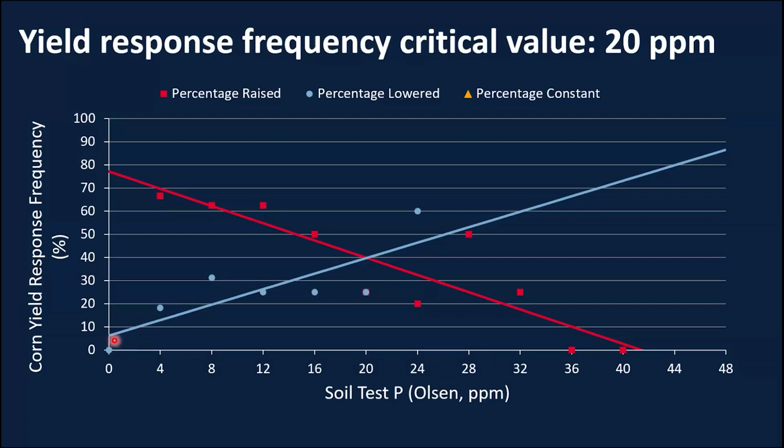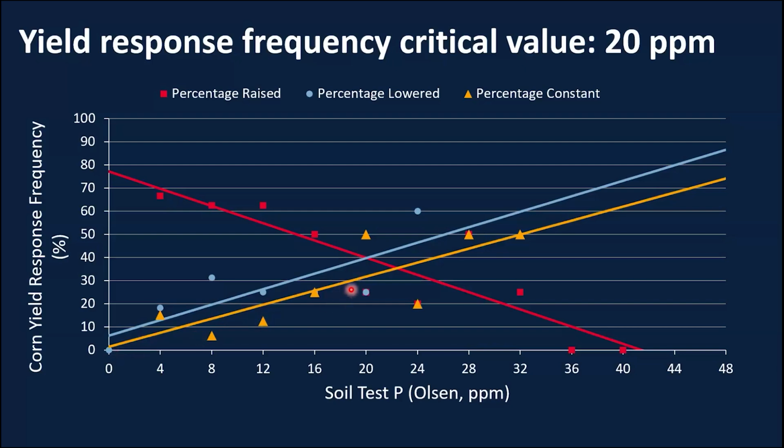This is adding 100 pounds of P. It's not adding just a replacement value of the P from the previous crop year. So it's not adding 30 pounds of P. This is adding 100 pounds. So what this is saying is, as we increase in soil test P, if we're adding another 100 pounds on there, we're increasing the chance we could be lowering yield. And this is also a spring application. And what we typically see is what we think about is that it doesn't really change yield.